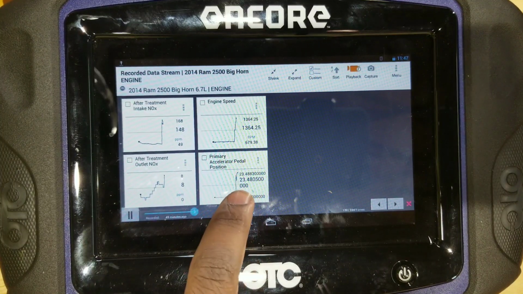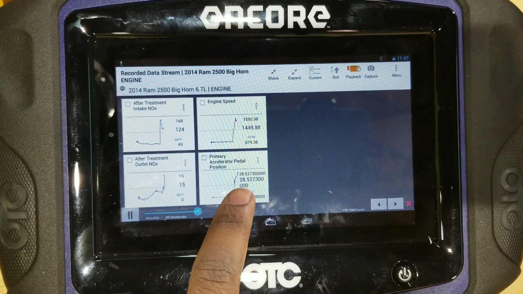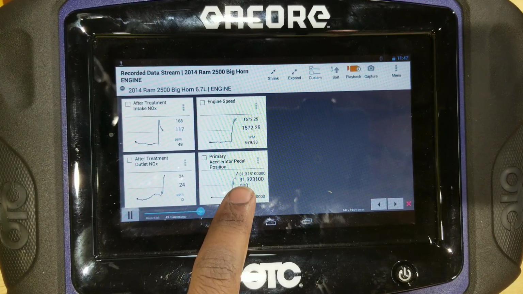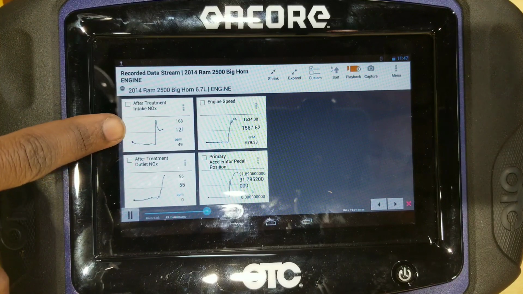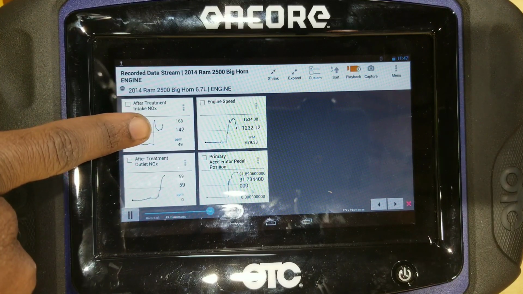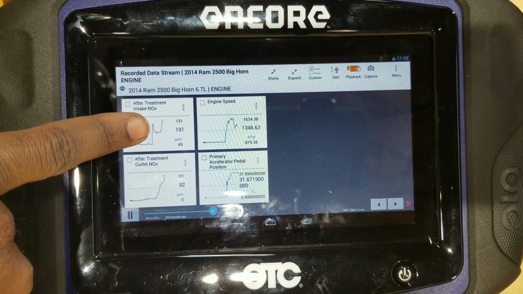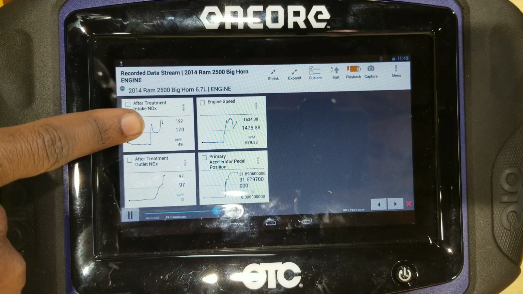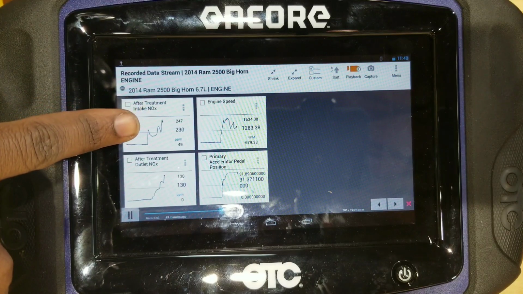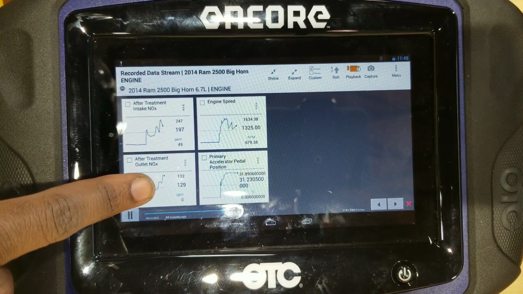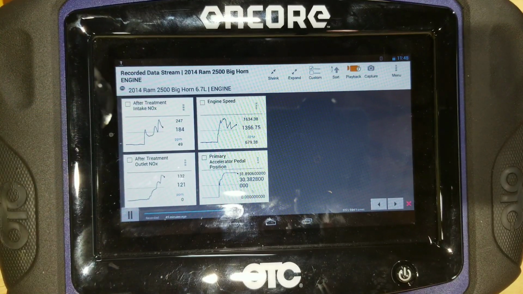So as you can see here, now my foot is on the accelerator. I'm at 25%, 30% acceleration. You'll see both of them rising. And as I go up a hill, you'll notice I'm at 120, 150, 180, 190, almost 200 parts per million going into the system, and about 130 going out.